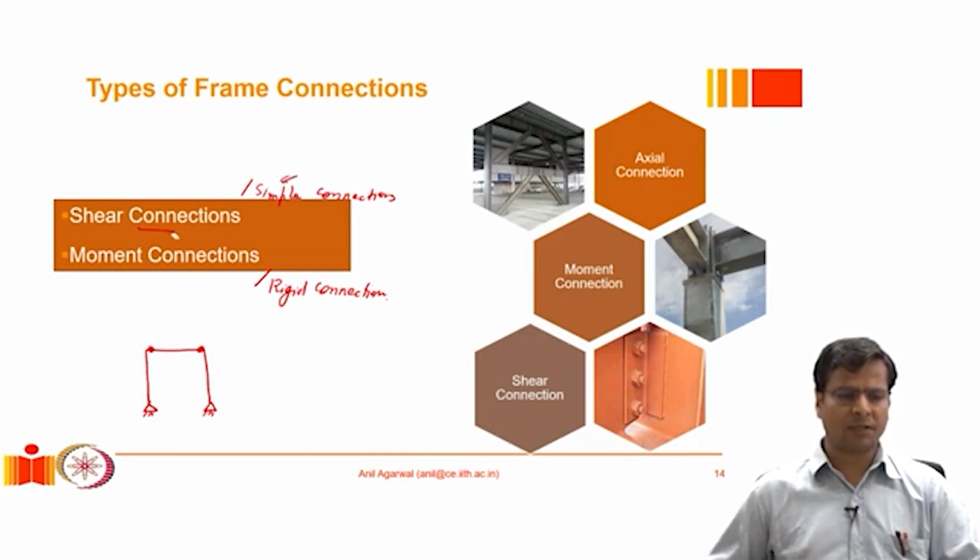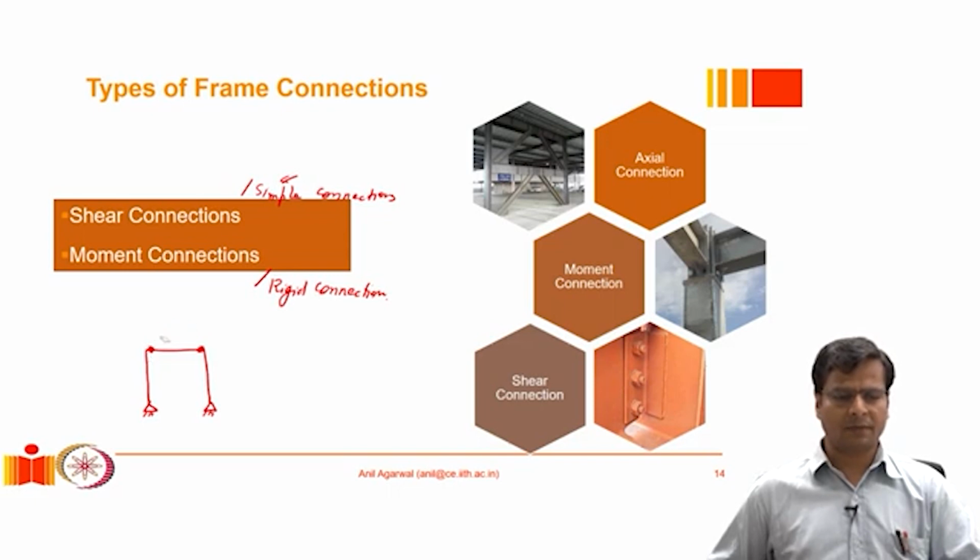Why is it called a shear connection? It would still be a shear connection because when we apply vertical loads on the beam, this connection would be able to effectively transfer that force to the column. So it is able to transfer the shear forces to the column effectively, but it is not able to transfer the moment, and therefore the bending moment at that point will be 0 at the location of the hinge.